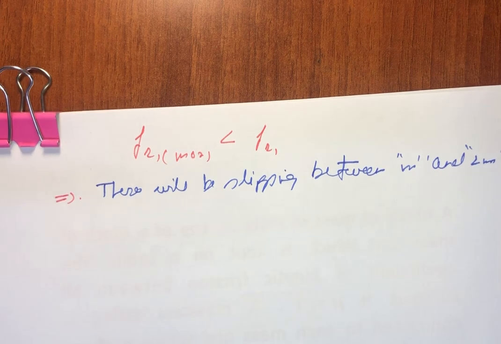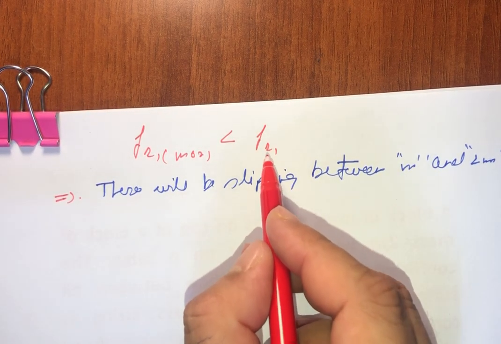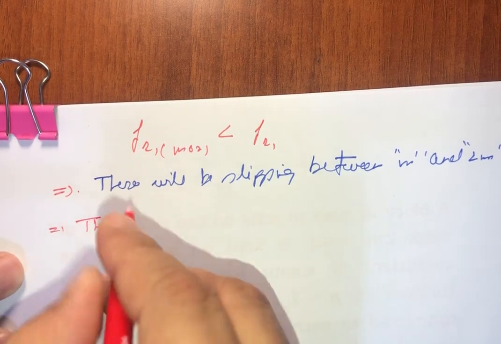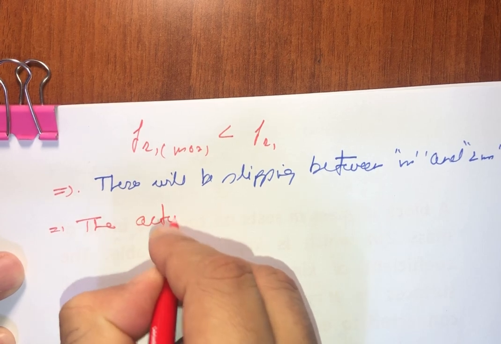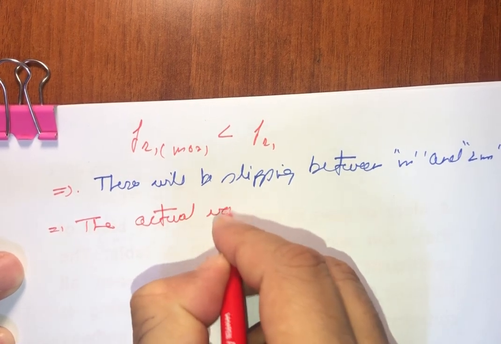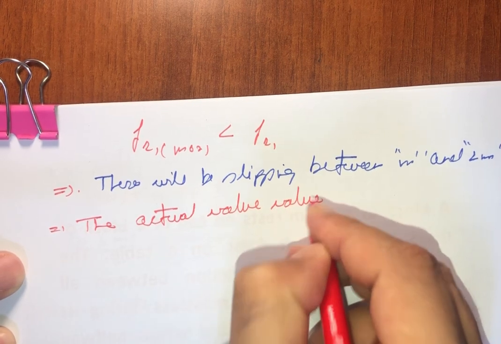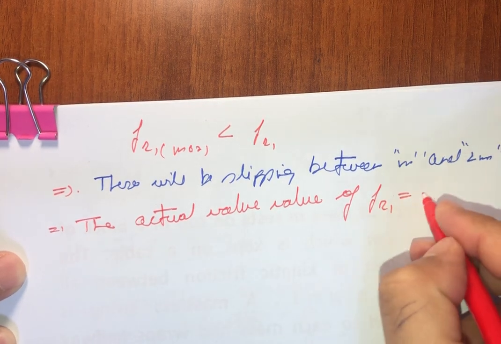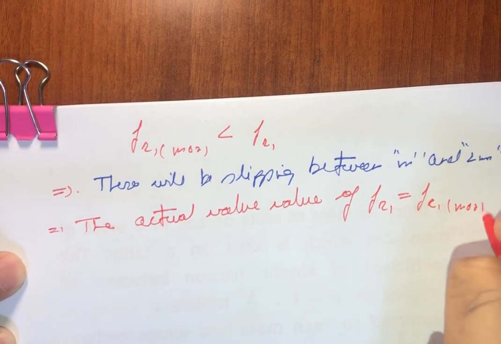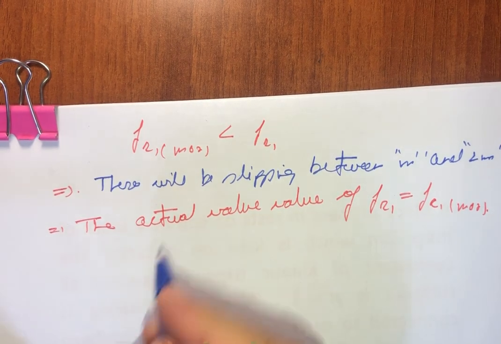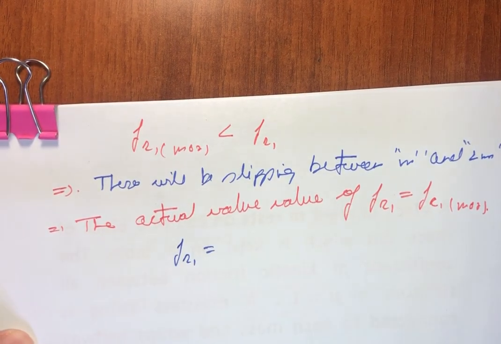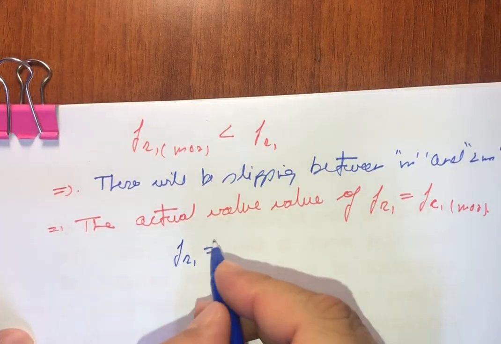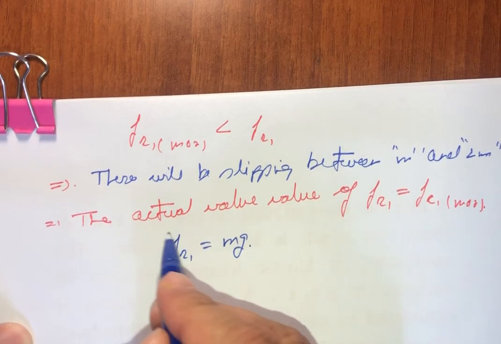And based on this, we can clearly see that the actual value of FR1 will be equal to FR1 max. FR1 max was mg. So we can say FR1 will be equal to nothing but mg.